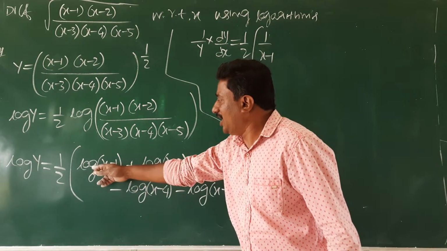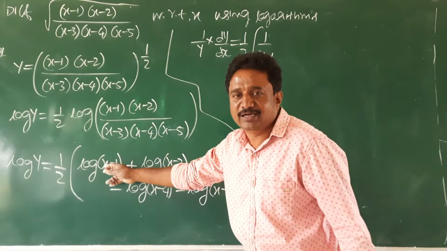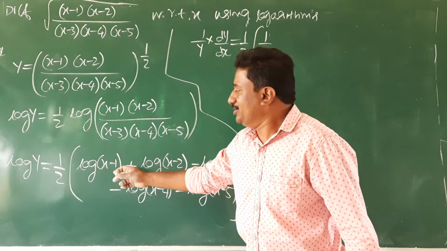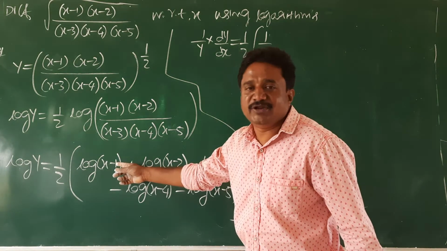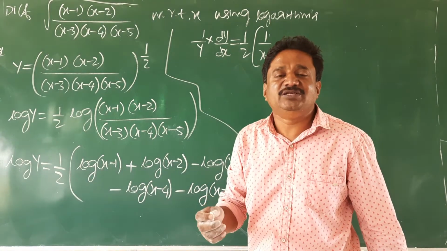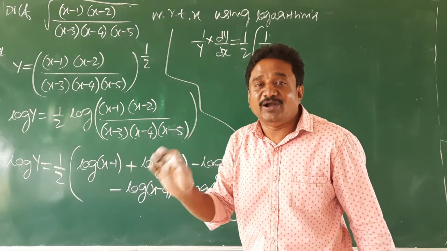After differentiating log, go inside. Differentiation of x is 1 minus differentiation of 1 is 0, so 1 minus 0 is 1, need not write.